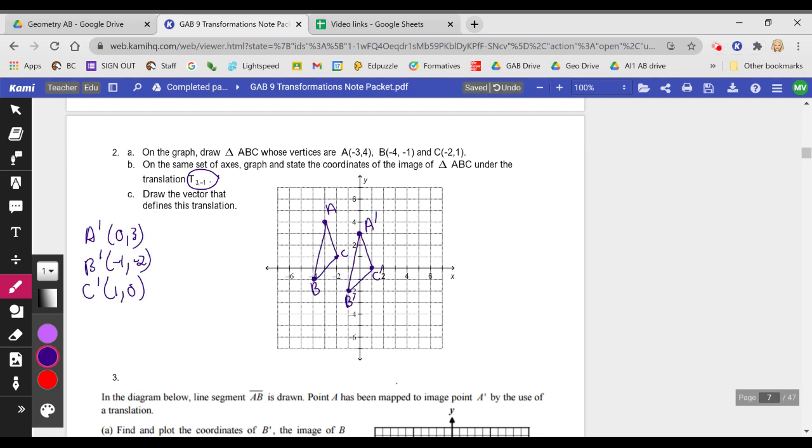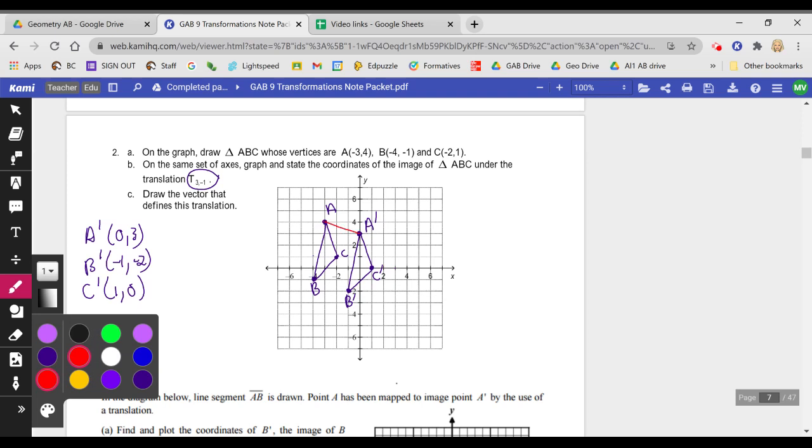So you can see I plotted my original triangle A, B, C, and then I performed the translation of 3, -1 to get A prime, which is 0, 3, B prime, which is the point -1, -2, and C prime is 1, 0. Now I want to draw the vector that defines the translation. I'm going to pick whether I'm going to use A, B, or C, and I'm going to draw a line from A to A prime.